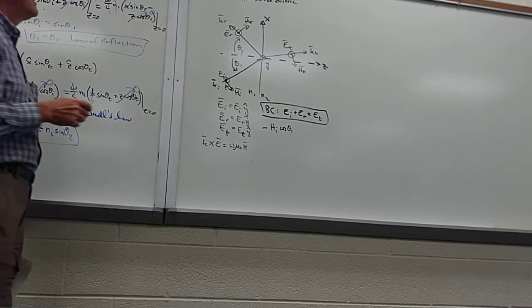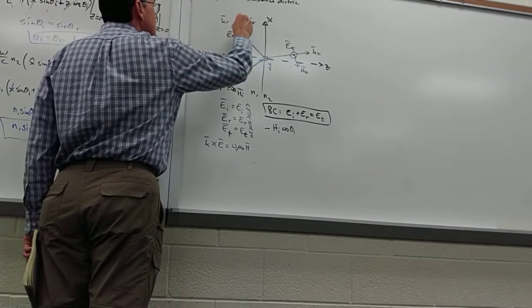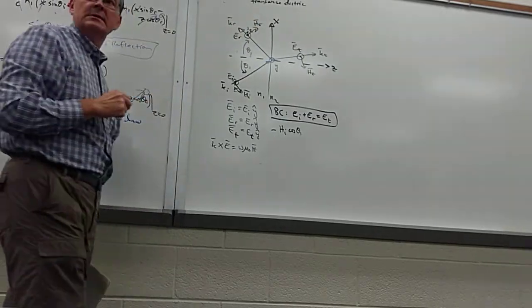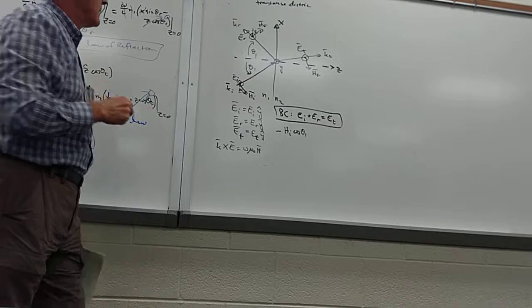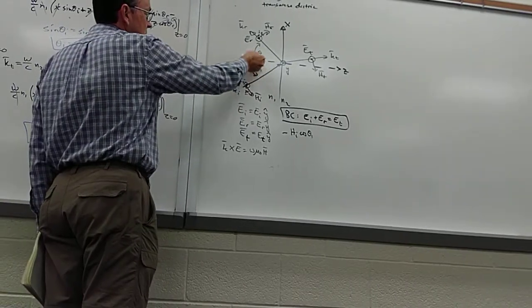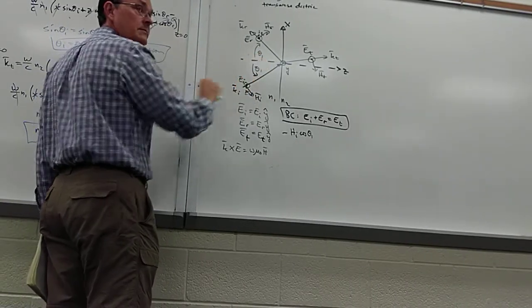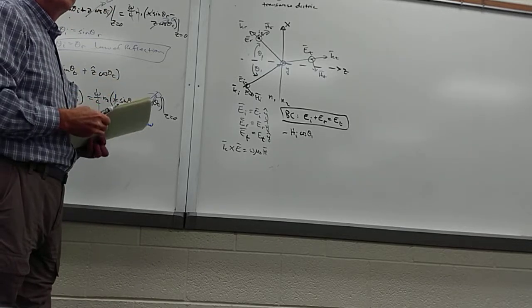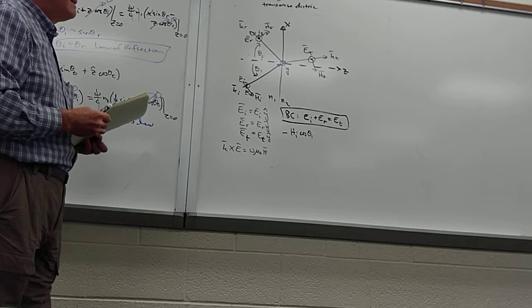Okay, so up here, this is theta 1 again. What's that component? If this angle is theta 1, this angle is theta 1. Just parallel lines and then cross, and the angles are equal.